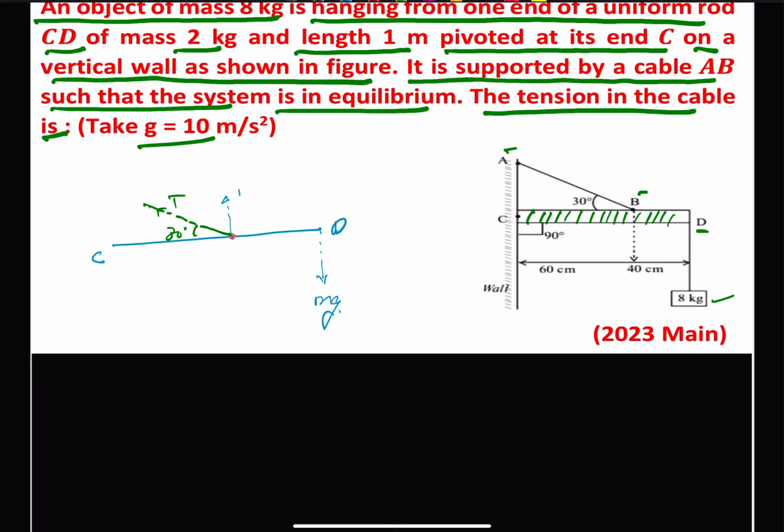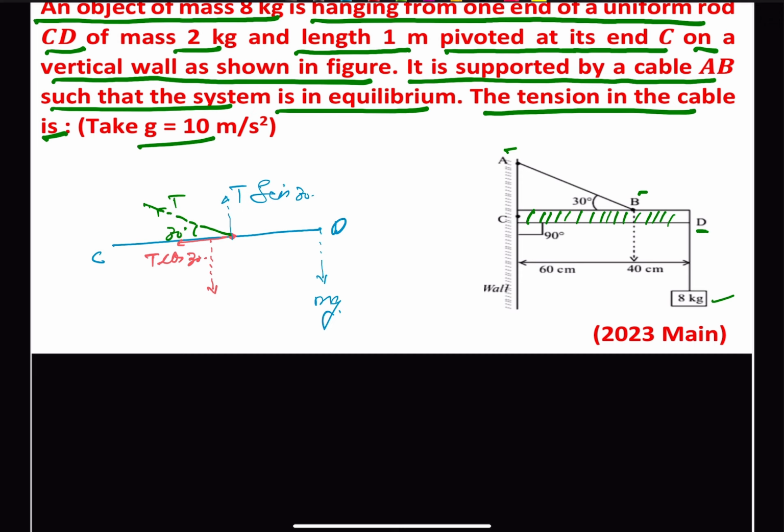This component will be T sine of 30, and the other component will be T cos of 30. And there will be a downward force acting on this rod CD, acting at its center of mass. So we can approximate it. Suppose this is the center of mass for the rod, and that is our mg.